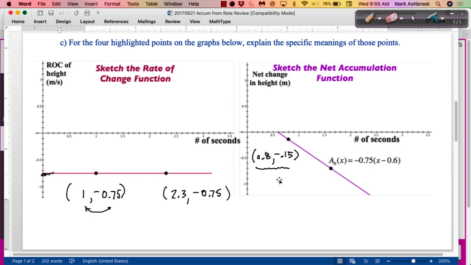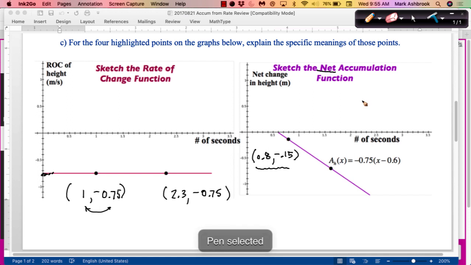That's what we mean by net accumulation. Net accumulation is the amount of variation since some point. It doesn't have to be zero. So in this case, all these points will give the net change in height since the 0.6 second mark.